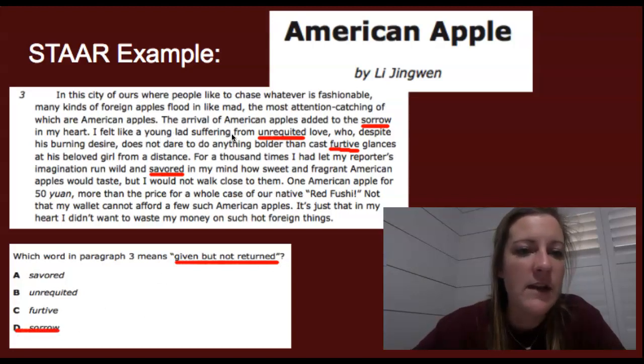I felt like a young lad suffering from unrequited love, who, despite his burning desire, does not dare to do anything bolder than cast furtive glances at his beloved girl from a distance. So really we have two words in that sentence.